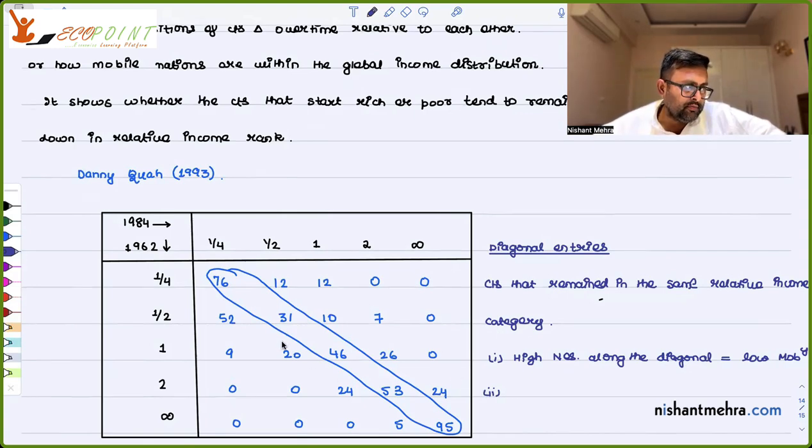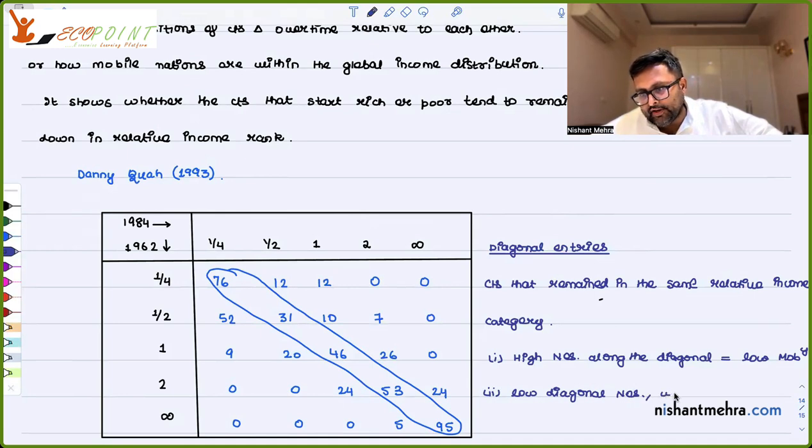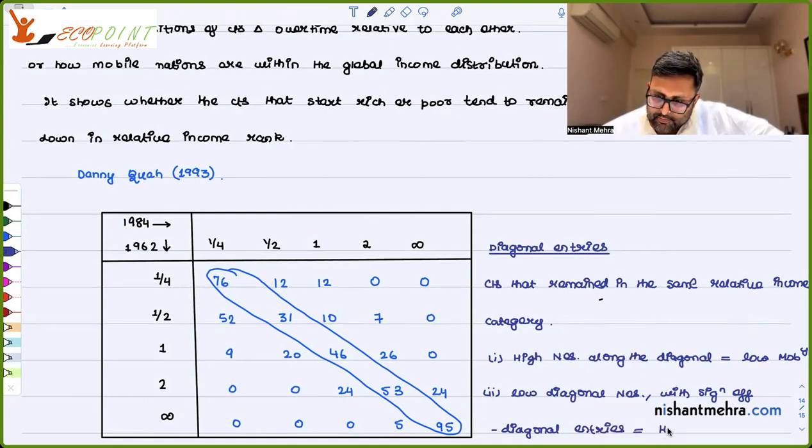And if there are low diagonal numbers with significant off diagonal entries, it would mean high mobility.